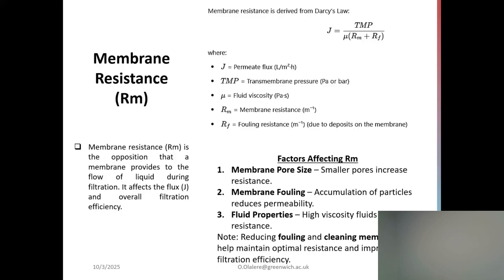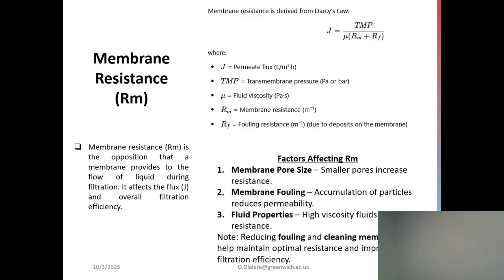The resistance is lower. And when you look at the TMP, if you want to see the difference, J equals TMP over mu times resistance. So the pressure is directly proportional: the higher the pressure, the higher the flux. Do you understand it now?